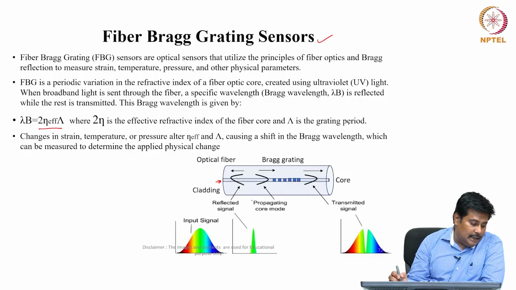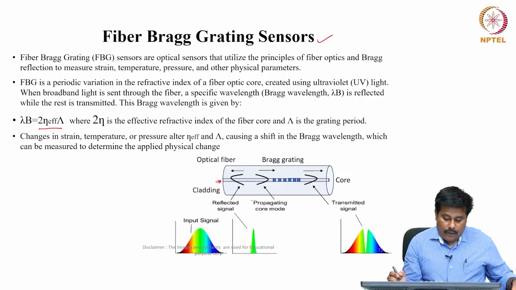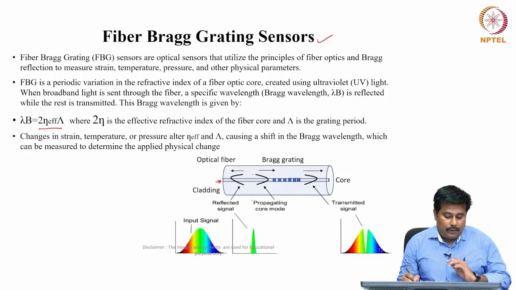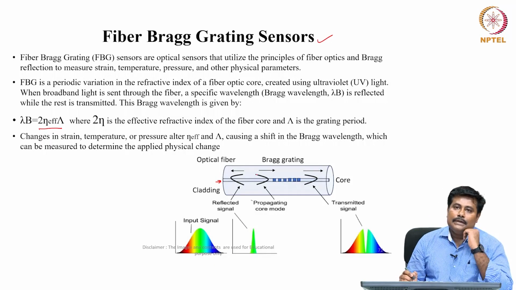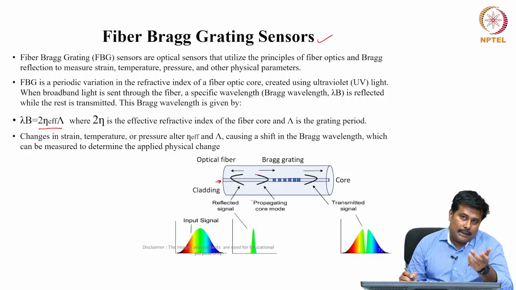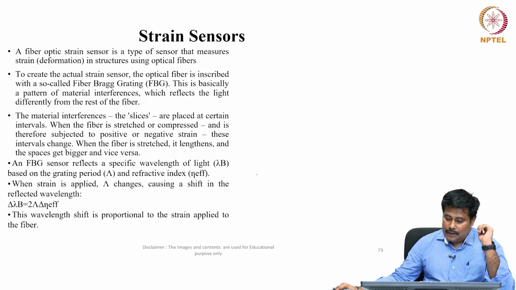So, a change in strain, temperature or pressure alters n_eff and lambda, causing a shift in the Bragg wavelength, which can be measured to determine the applied physical change. This applied physical change can be a pressure, a strain, or a temperature.